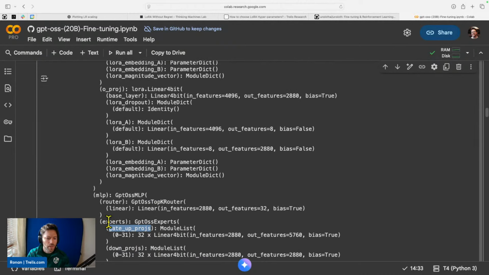I may run out of VRAM now, but I'm going to just delete the model and tokenizer like this and reload it. And then I'm going to try and apply the PEFT. I'm not going to do linear for the reasons I just said, that it's going to train the router. And let's see if we can just train that. So we'll just see if we can train the gate up projections and whether that gives an error.